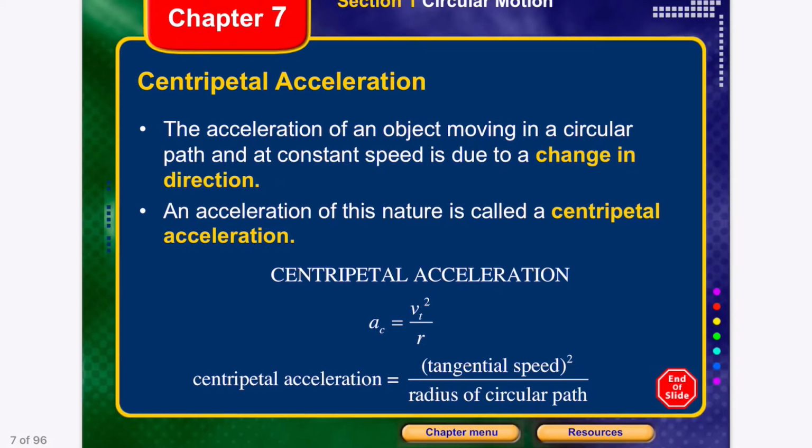The acceleration of an object moving in a circular path at a constant speed due to change in direction is called centripetal acceleration, and this is given by the formula ac equals Vt squared by r, where Vt is the tangential speed and r is the radius of the circular path. So remember this formula, Vt squared by r.